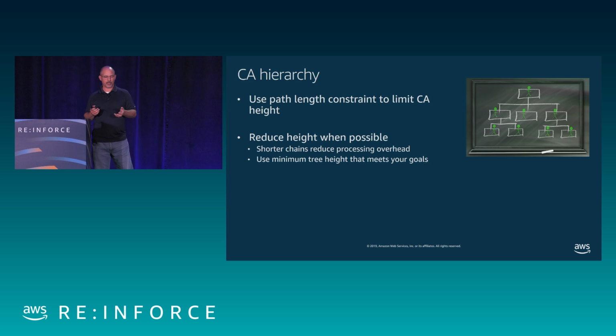Next recommendation is to reduce the height of the tree as much as possible, but not too much. So in cases where you need to delegate access to a CA, it's okay to put a level in your hierarchy for delegating access. But you want to use the minimum tree height because every time a TLS connection is established, the server is sending the entire certificate chain to the client.